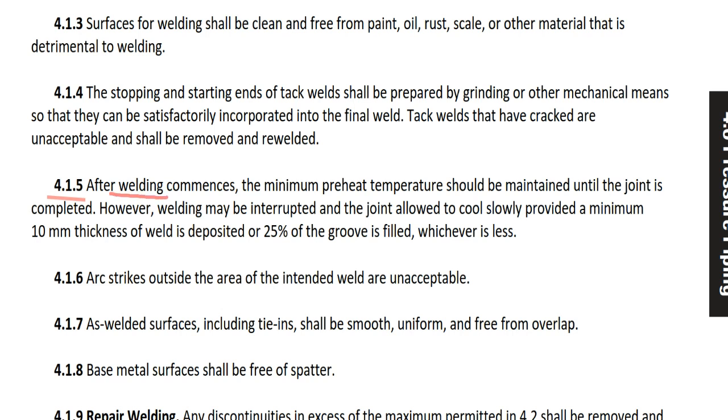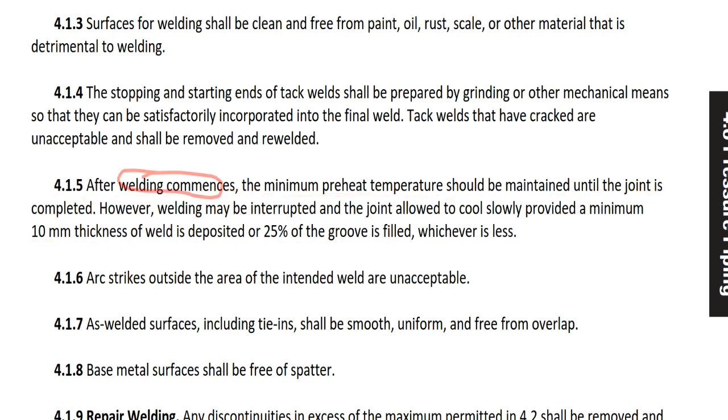4.1.5. After welding commences, the minimum preheat temperature should be maintained until the joint is completed. However, welding may be interrupted and the joint allowed to cool slowly provided a minimum 10 mm thickness of weld is deposited or 25% of the groove is filled, whichever is less.